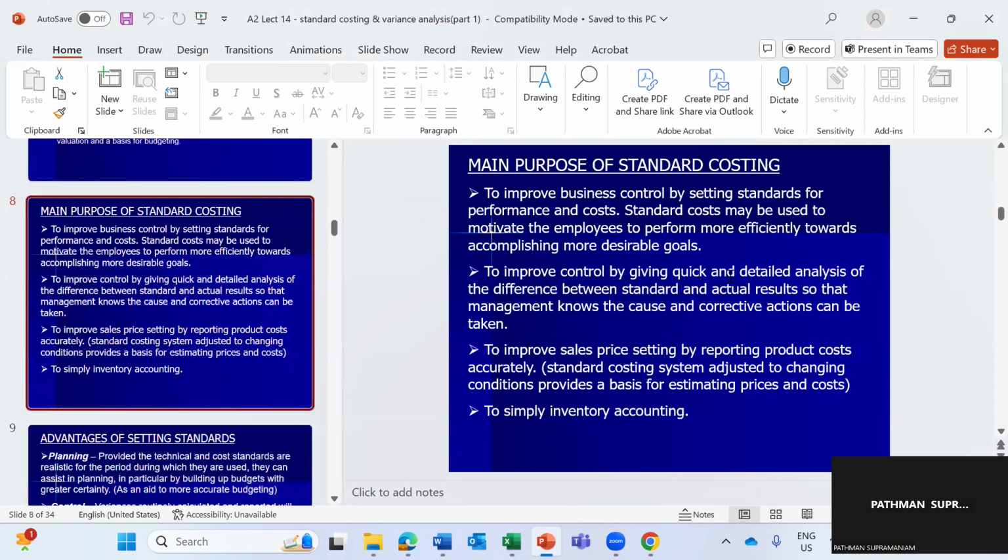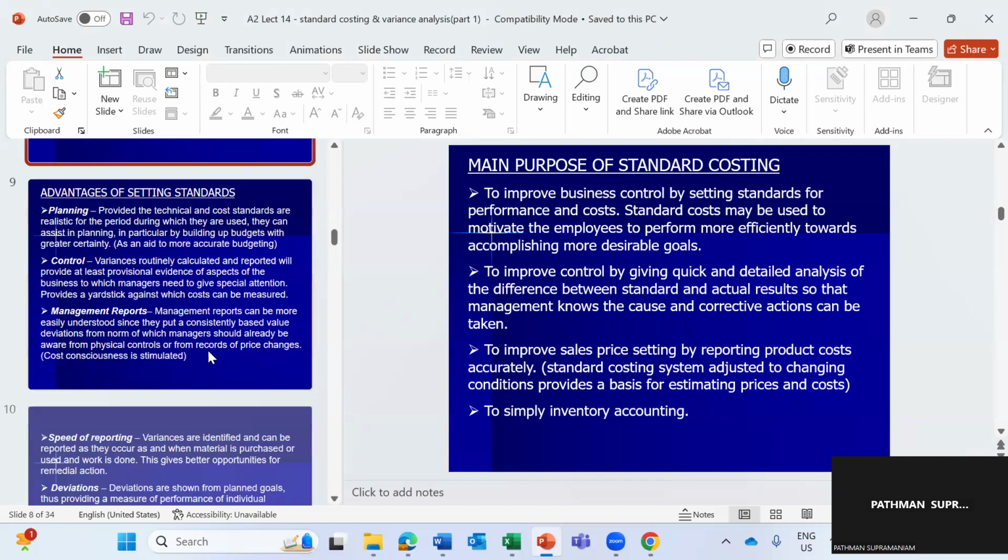So the main purpose of standard costing is that it is a means of cost control, and it can tell us where we have overspent or underspent. Standard costing can lead to better decision making by the management, because when we know we have overspent, we would list down the reasons for it and try to control the cost.